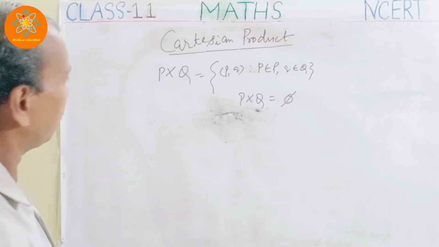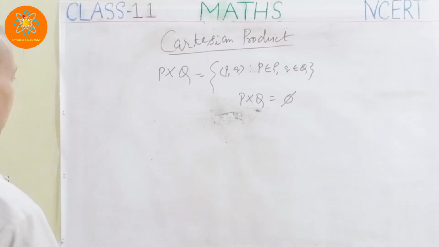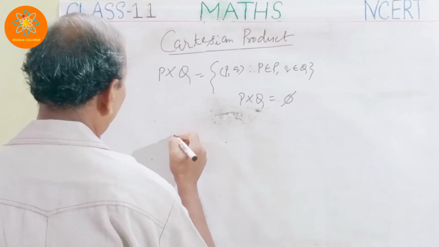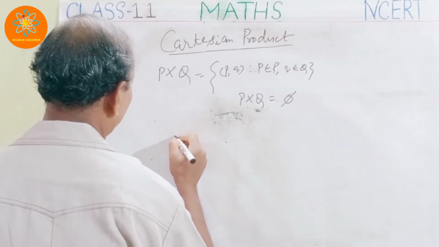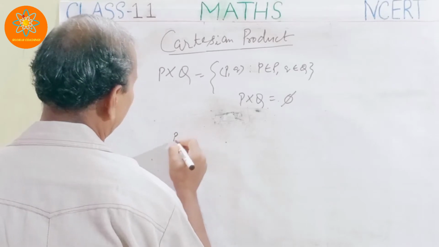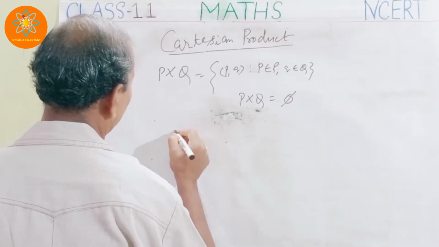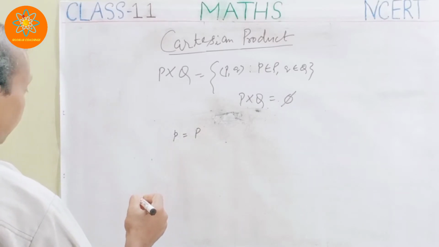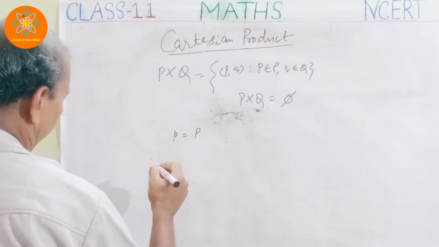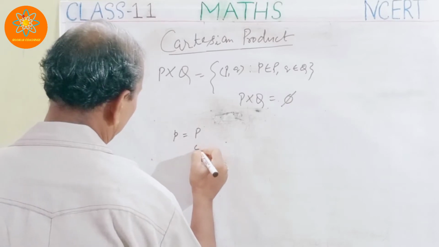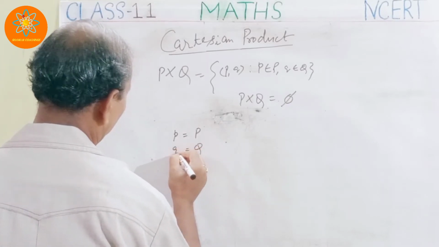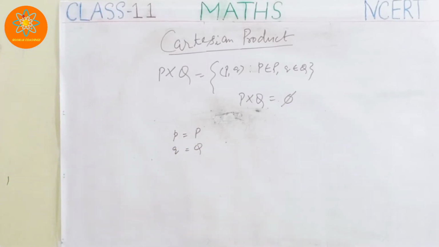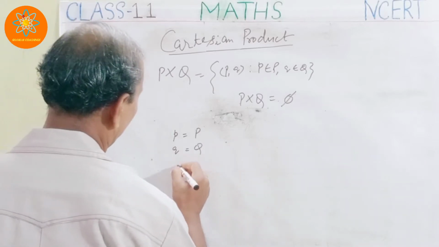And let's suppose the number of elements in set P is p, and the number of elements in Q is q. Then what will be the number of elements in P cross Q?